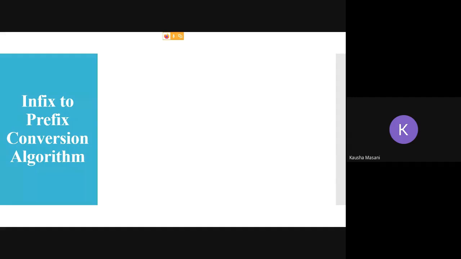Fine. So we are going for our next topic, that is the infix to prefix conversion algorithm. Previously we saw infix to postfix. Now we are going to see infix to prefix. Just a quick recall: what do you understand by prefix? When can you say that the given expression is in prefix format?